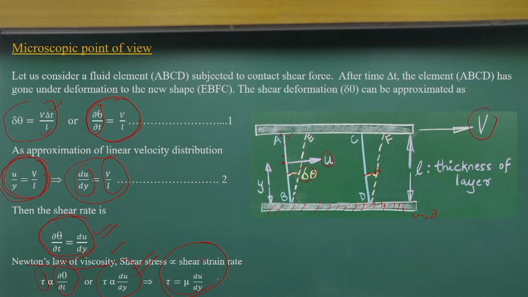So, this is the same concept. We can use a fluid element at the microscopic level to define this relationship between the shear stress and the velocity gradient, in terms of fluid molecule movements through mass and momentum exchange.